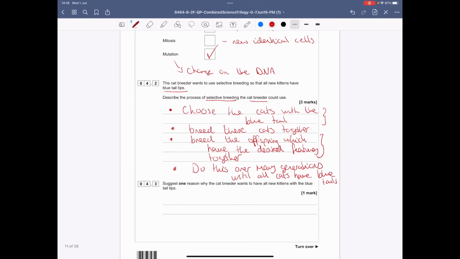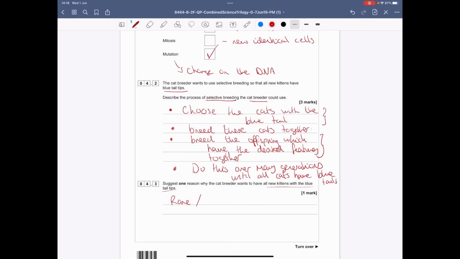Question 4.3. Suggest one reason why the cat breeder wants to have all new kittens with the blue tail tips. Well, why do people do this sort of breeding? You could also think about pugs as well and the cross competition. Why do people do selective breeding? It's for money, because it would be rare.